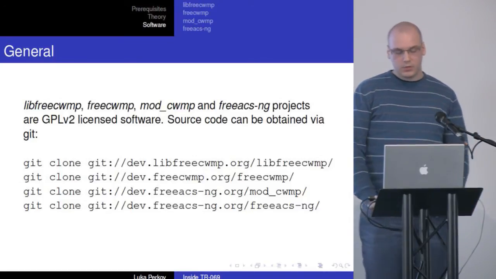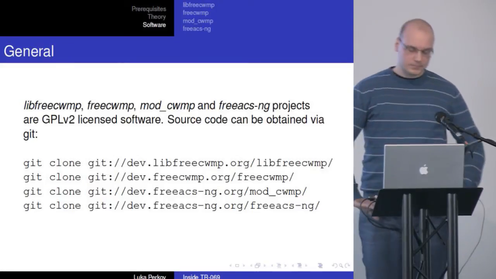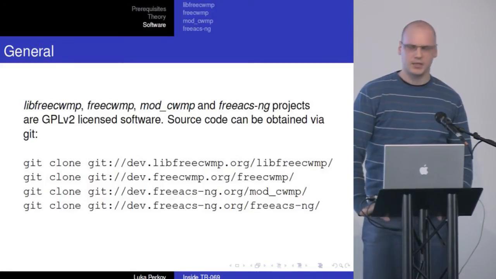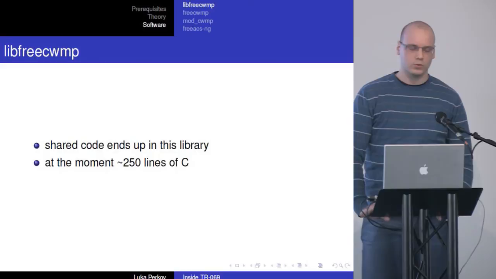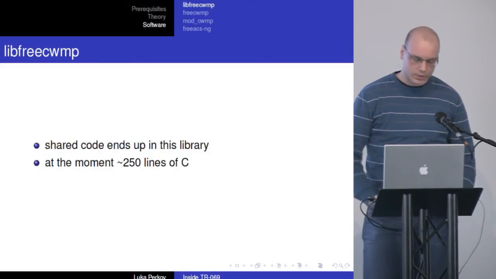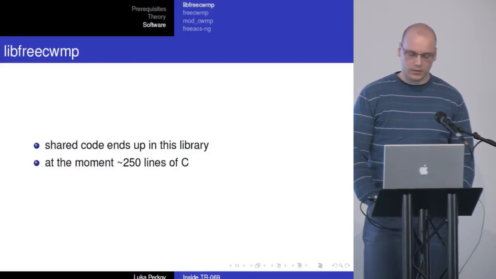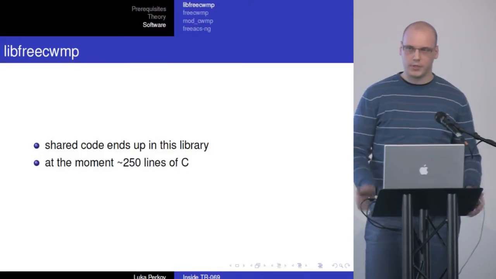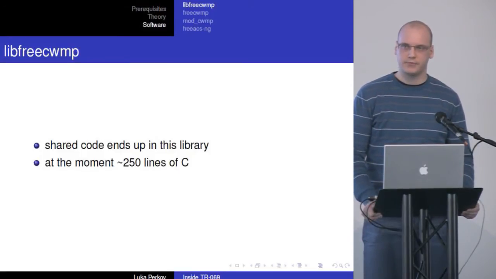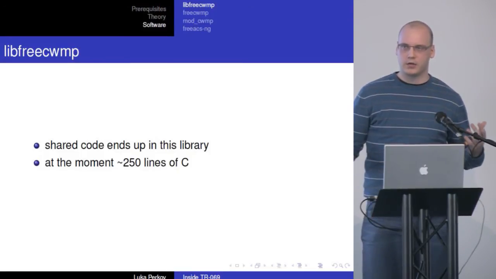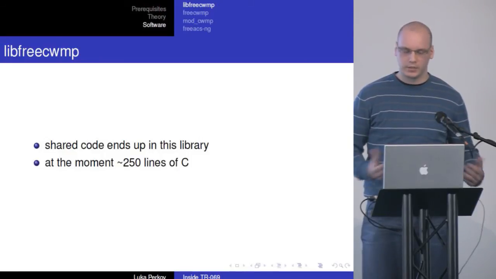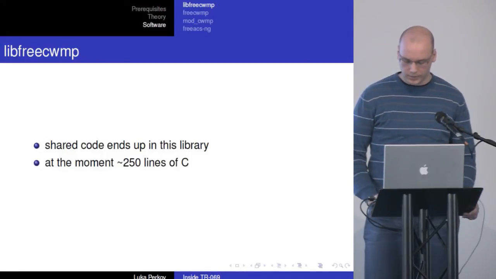Okay, so libfreecwmp is a place where I keep the shared code between the projects. It's growing a bit as I find stuff that is common in other projects, and then I put it in a library.